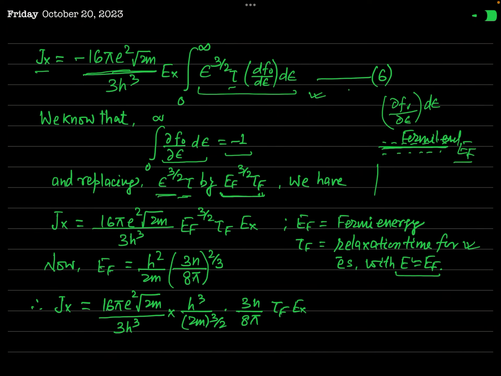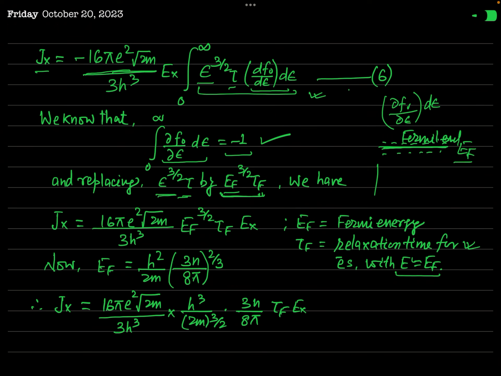Now this tau will be replaced by tau f, which will be a constant, and that will be outside of the integral. Okay, and epsilon to the power 3 by 2 will be replaced by EF to the power 3 by 2, and that is also a constant. So the remaining factor will be only the integral of df naught by d epsilon from 0 to infinity, which is equal to minus 1.